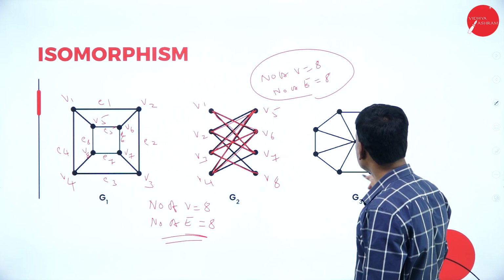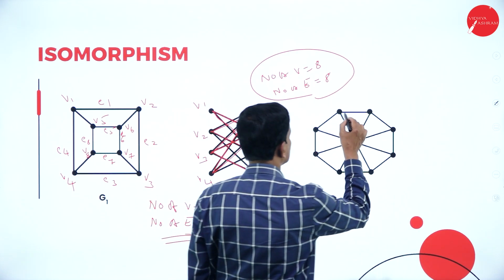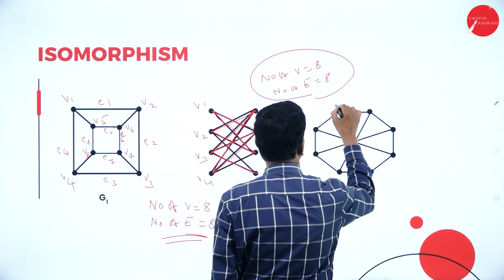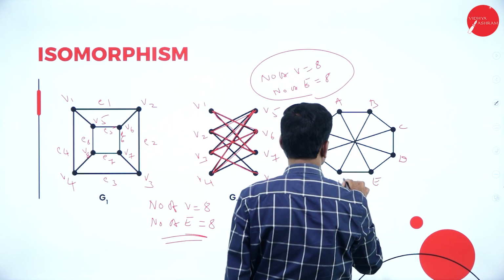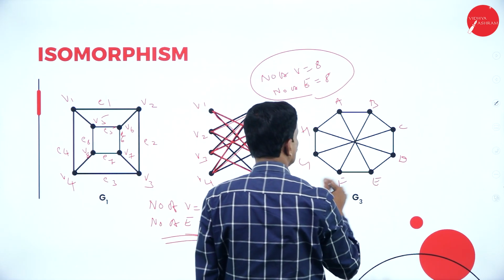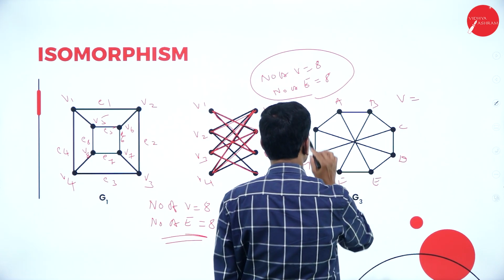Now let us come to the next property. Next, graph G3. Let us call the vertices A, B, C, D, E, F, G, H. How many vertices are there? The number of vertices: 1, 2, 3, 4, 5, 6, 7, 8.